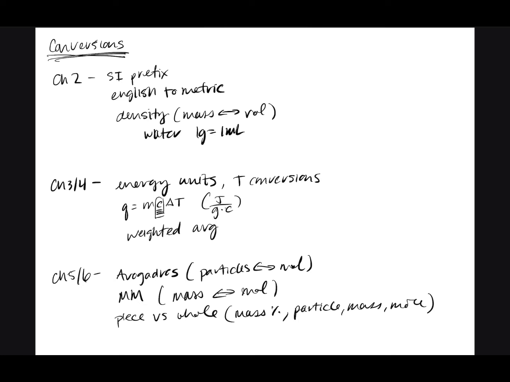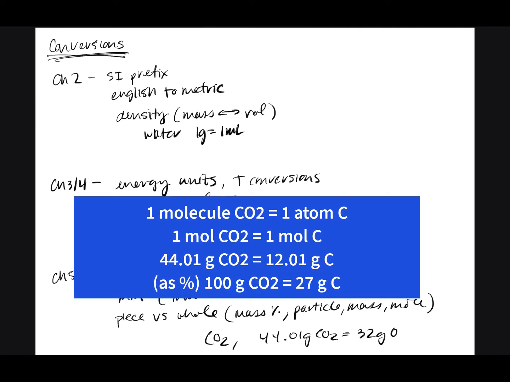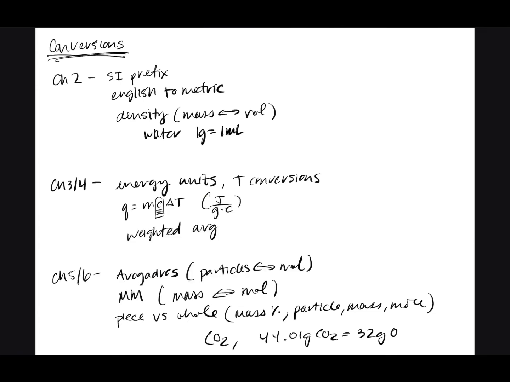Or I can say that in CO2, for example, 44.01 grams of CO2 are equal to, say, 32 grams of oxygen. So all these relationships, and again, if you're like, oh, that's fuzzy, go back and look at your notes from our in-class lecture where we went over a whole bunch of these. If perhaps you didn't take very good notes, I would suggest you go talk to a friend about that.